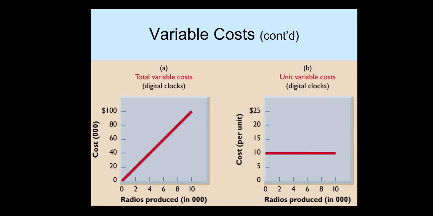See there, if you produce 0 product, the variable cost is 0. If you produce 1 product, then the cost will increase.